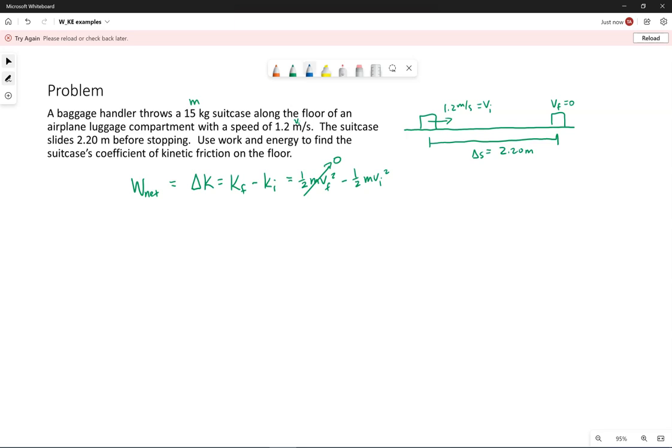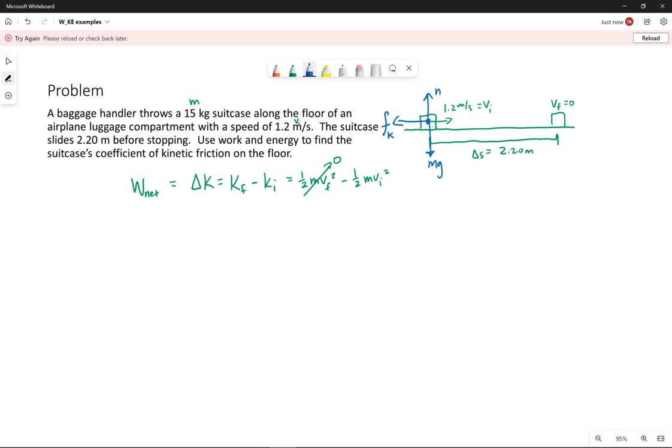All right, so net work, the work done by all of the forces. I'm going to draw my free body diagram at this initial moment in time. I'm not doing a good job of drawing the vectors in any comparative way.